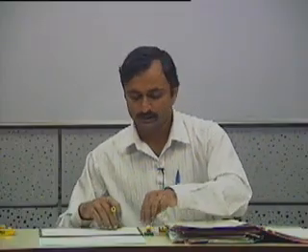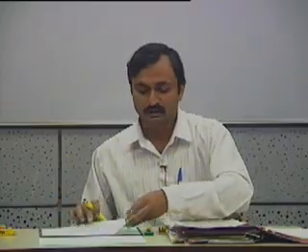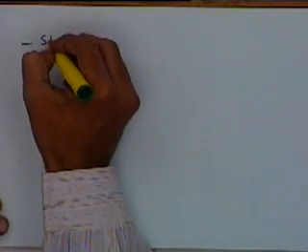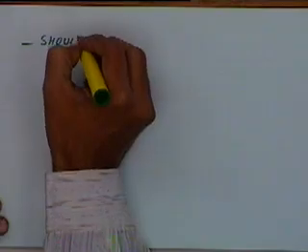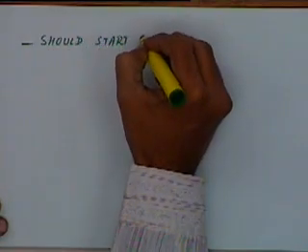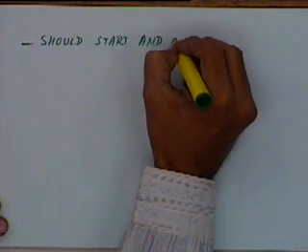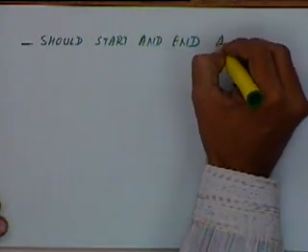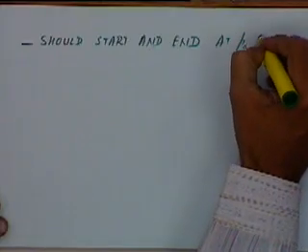The basic properties that are needed from these curves. The first major property is that the curve should start and end at the first and the last points, at P0 and Pn.